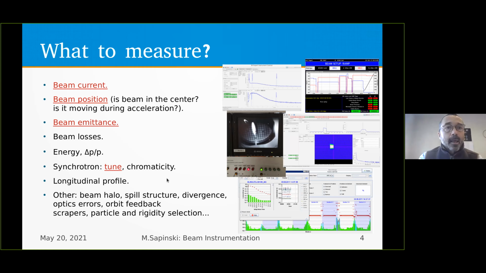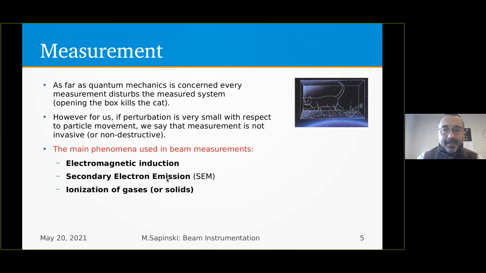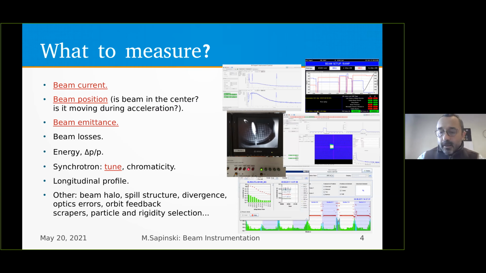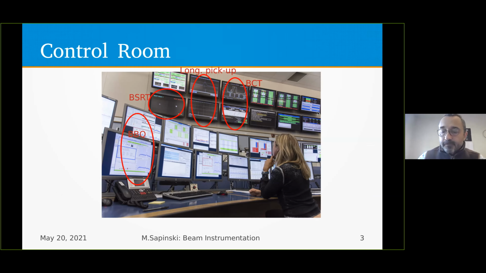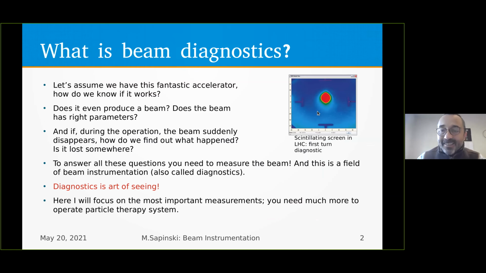So there are not only instrumentation people participating in them, but also people who calculate the properties of the machine. All right, so let's start with what a measurement is. We know from quantum mechanics that basically every measurement disturbs the measured object. Here is an example of a Schrödinger cat.